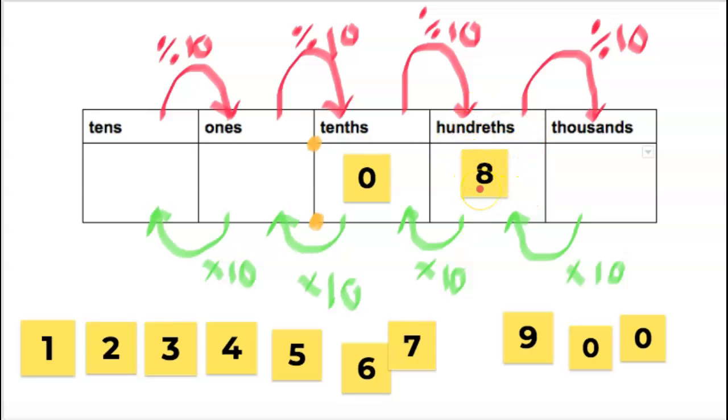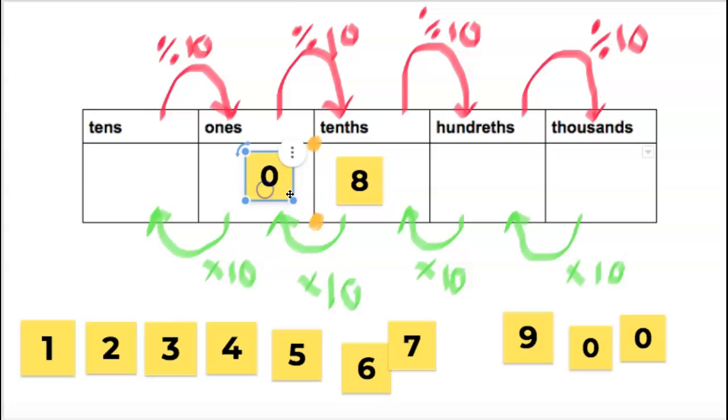Now let's say we want to take 8 hundredths and multiply it by 10. If we multiply it by 10 according to this chart, we move one place to the left every time we multiply. So we're going to move all our numbers one place to the left, okay? Because remember, you move all your numbers, just like we did with whole numbers.